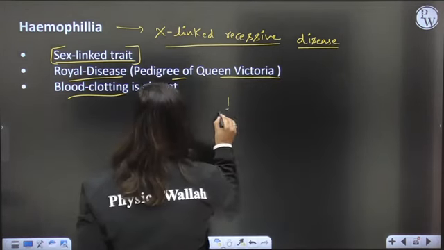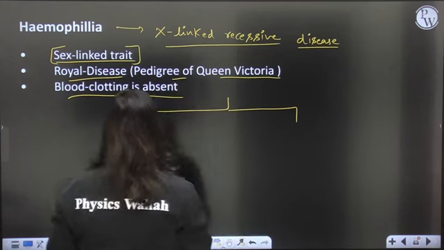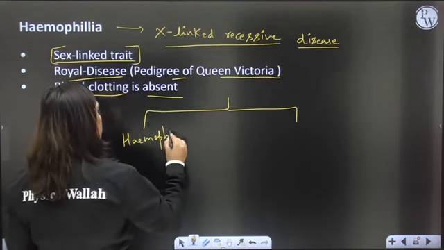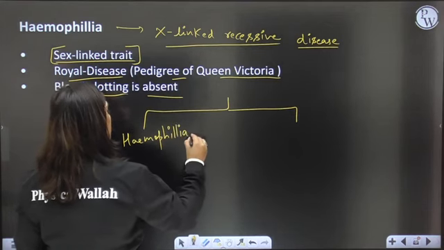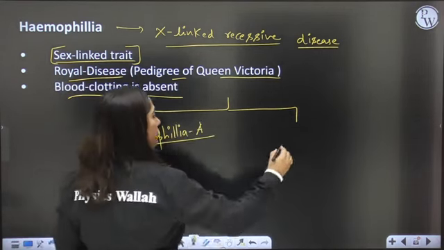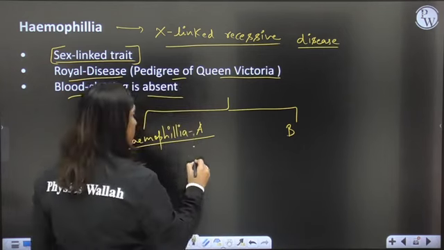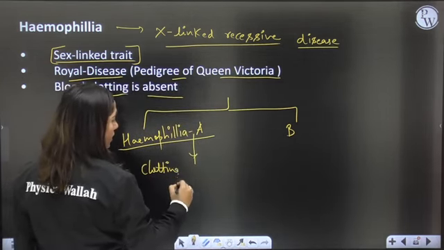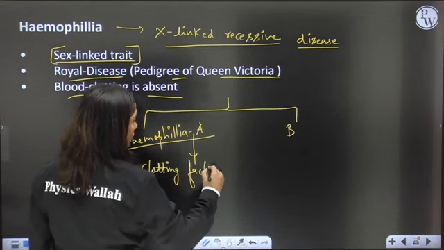Hemophilia further can be of two types: hemophilia A and hemophilia B. Hemophilia A is present when clotting factor 8 is not formed.